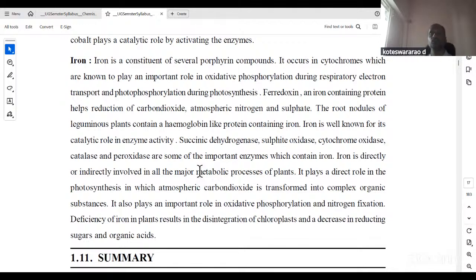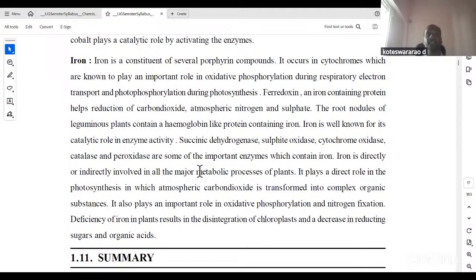The root nodules of leguminous plants contain a hemoglobin-like protein containing iron. Iron is well known for its catalytic role in enzymatic activity. Succinic dehydrogenase, sulfite oxidase, cytochrome oxidase, catalase, and peroxidase are some of the important enzymes which contain iron.